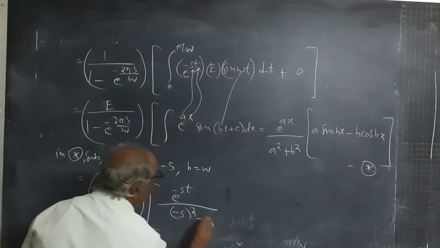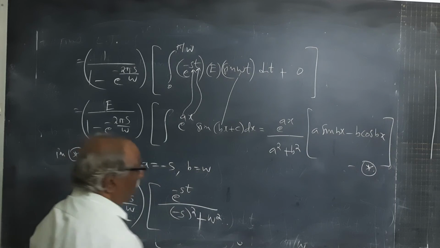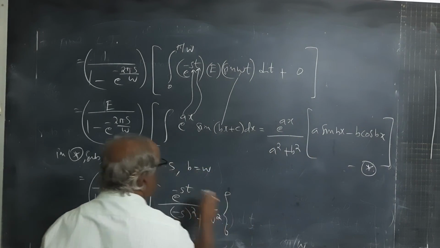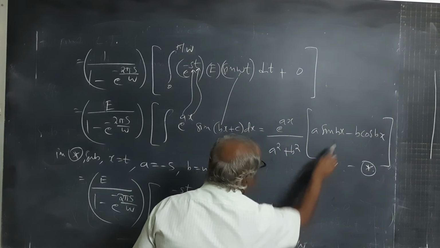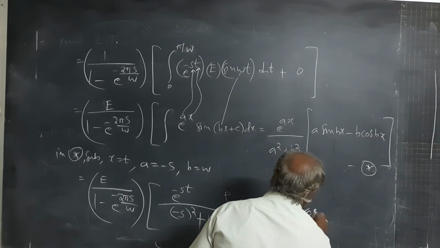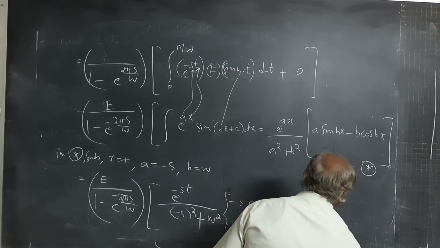Minus s whole squared, b squared is omega squared, into a, again a is minus s, sin b is omega, x is t, minus b, omega, cos omega t.